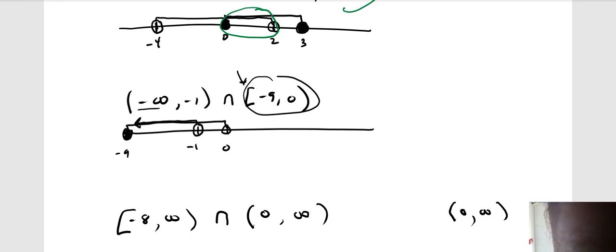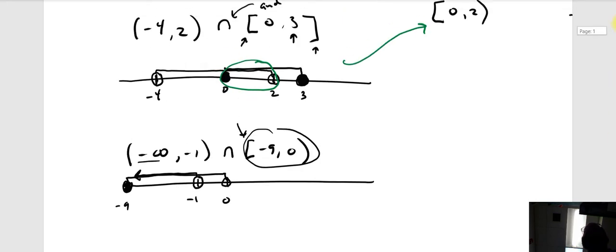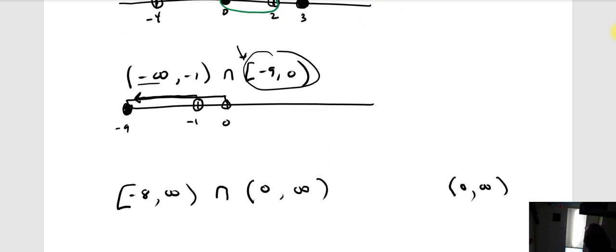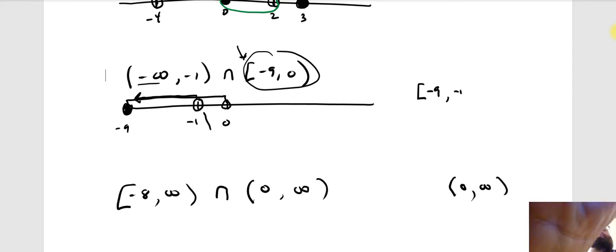And the region for the and, because if this is an and, it has to be in both sets, is from -9 to -1. Let's see how they wrote them before. Okay, so that's going to be the set from -9 to -1. We're including the -9, but you notice again this is not filled, so soft bracket on the -1.